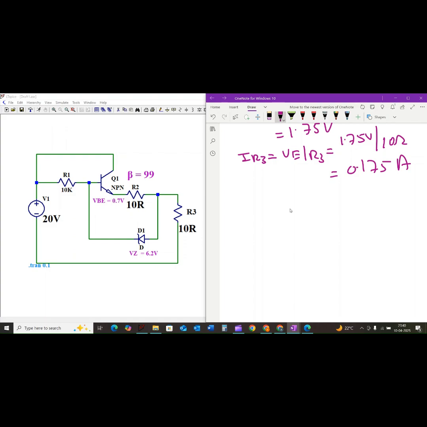And there we have it. The current flowing through the resistor R3 will be approximately equal to 0.175 ampere.